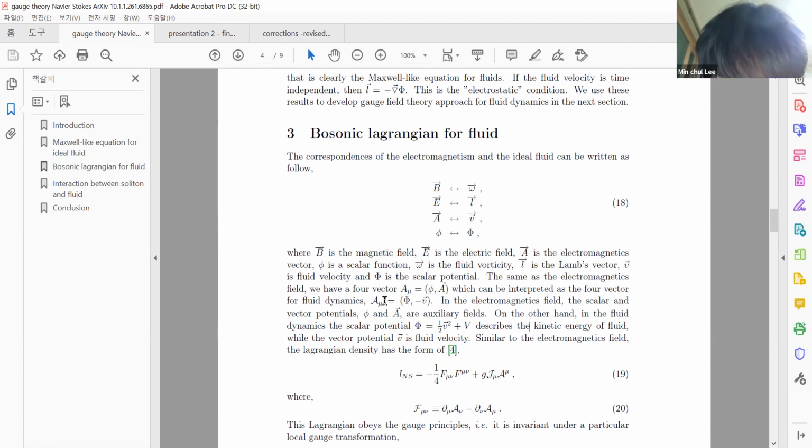I am sorry about not being able to explain in more detail, but... So I'm just saying that in 3 dimensions, the F squared term there looks to me like, I don't know, the vorticity squared, something like that, if I interpret A as the velocity.